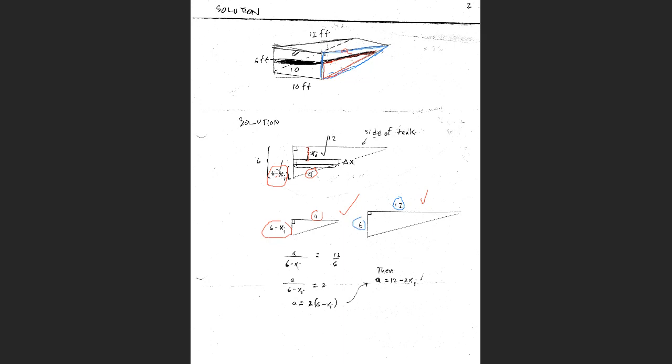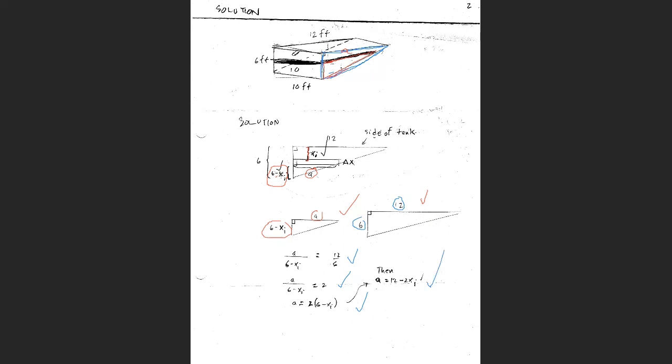This allows me to find an expression for the length of that smaller triangle. I have a proportion, I solve for A, and that gets me A equals 2 times 6 minus xi, or A is 12 minus 2xi.